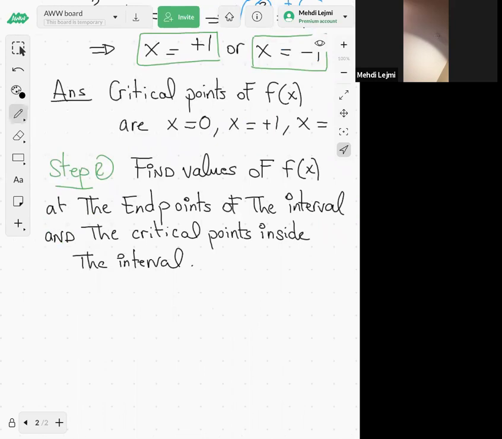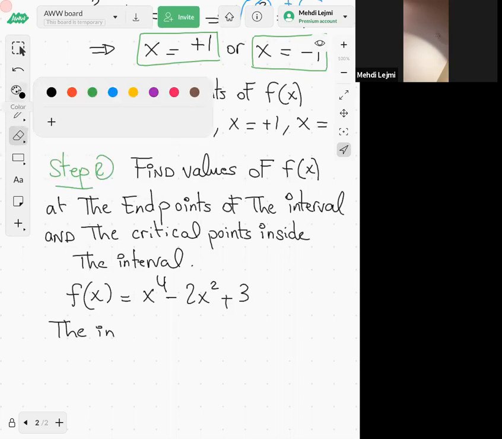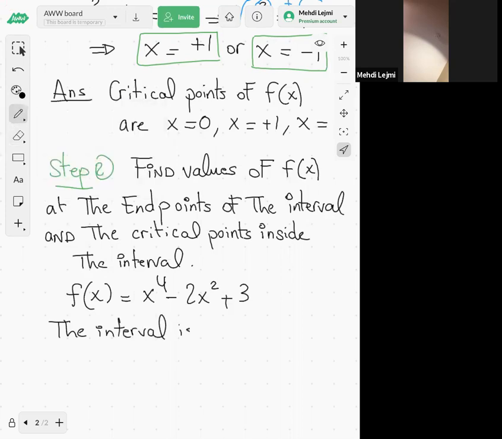So my f of x is x to the fourth minus 2x squared plus 3, right? And the interval is -2, 3.